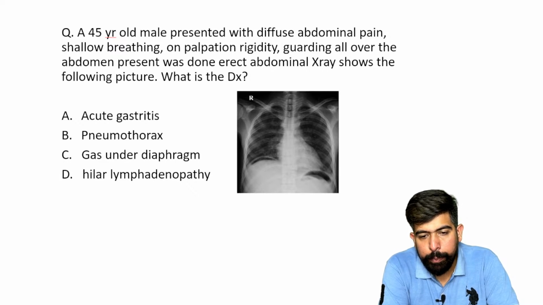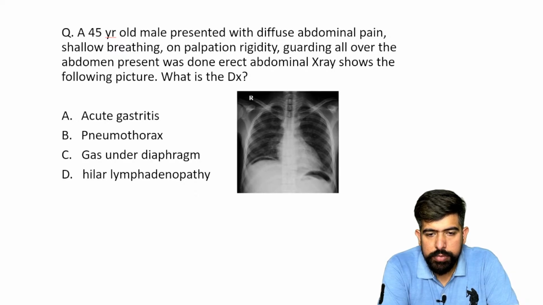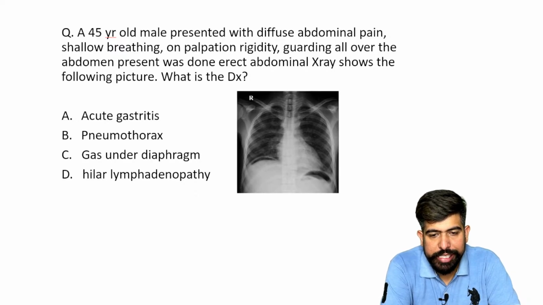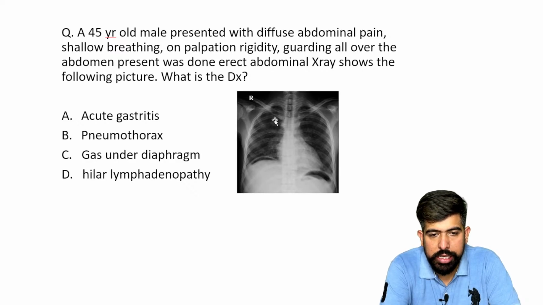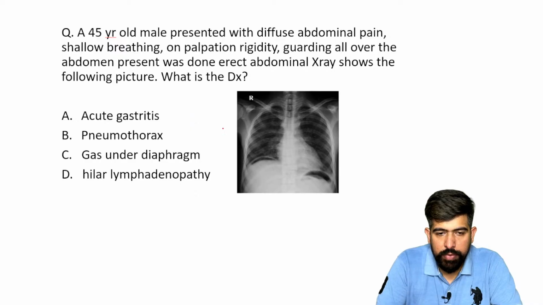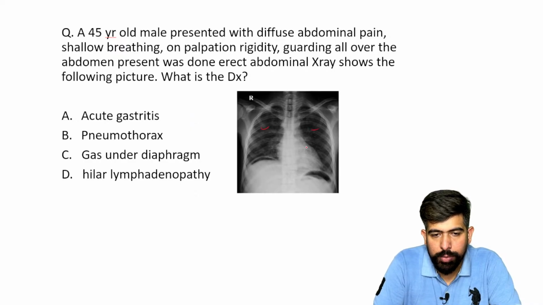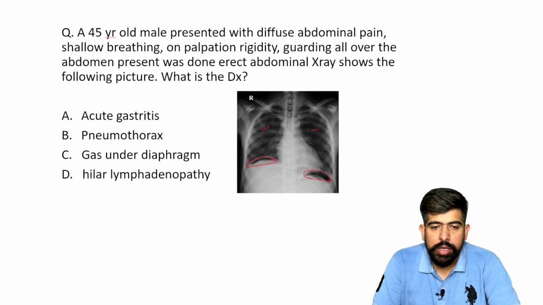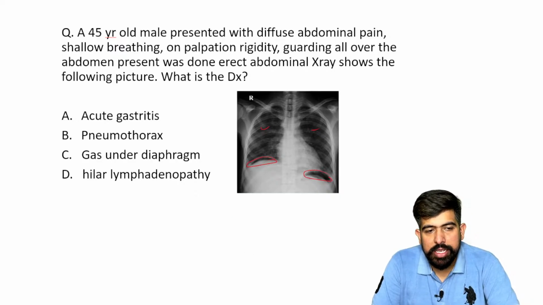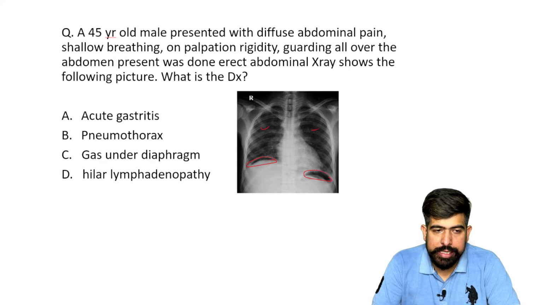Some of you are replying B. Guys, I don't think so. Is something seen in the chest? The chest seems almost clear, right? Whatever you can see over here is this.